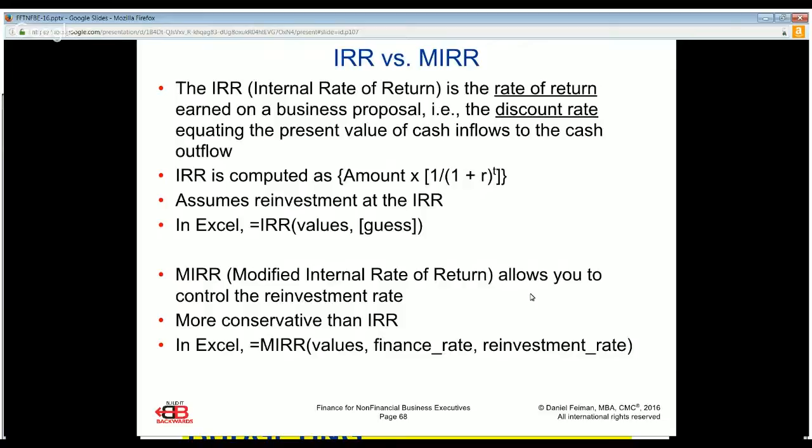A quick hint, you'll notice in the formula it has the word guess in square brackets. In Excel, anything in square brackets is optional. The function works perfectly well without it. And specifically in this function, there's absolutely no benefit to you or I to guess.